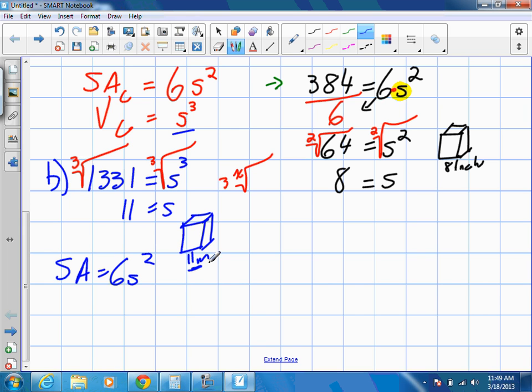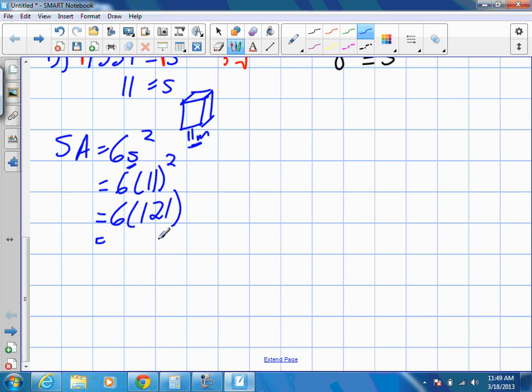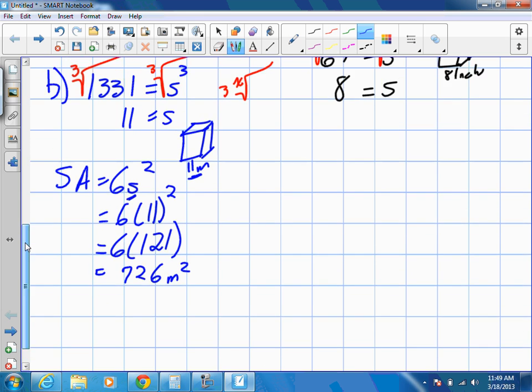So we get 6 times 11 squared. We do the exponent first. 11 squared is 121. And then 121 times 6 will be 726 meters squared. Is that right, guys? Yeah, that's good. So that would be the surface area of the cube we're working with.